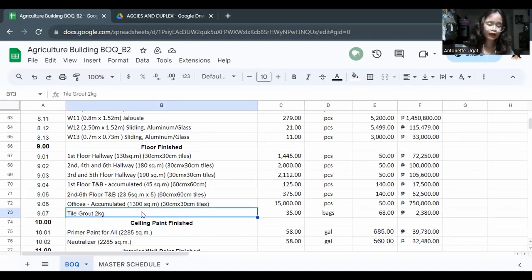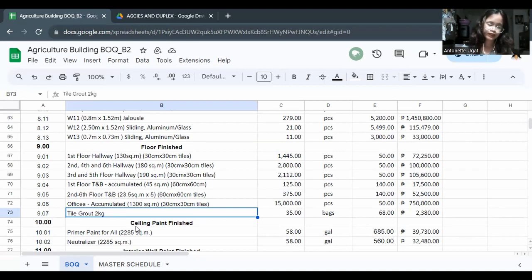And lastly, to calculate for the grout, we have estimated the ratio that per 1 kilogram of grout, it is going to cover 30 square meters, so acquiring the total area of the floors that need tiles.